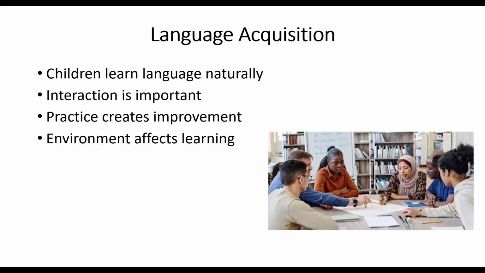Yeah, to speak to the other people in English all the time. So environment affects learning. In order to speak fluently, you have to create your own environment. You have to pick what environment you belong to, and then try to use that environment because it will enhance your learning, especially on speaking.